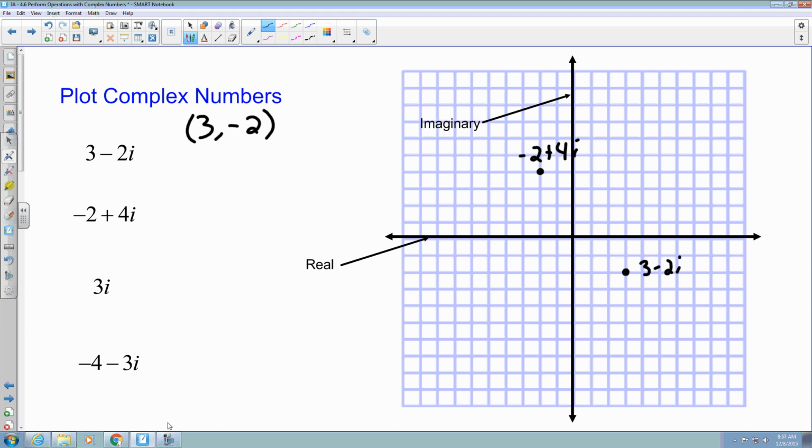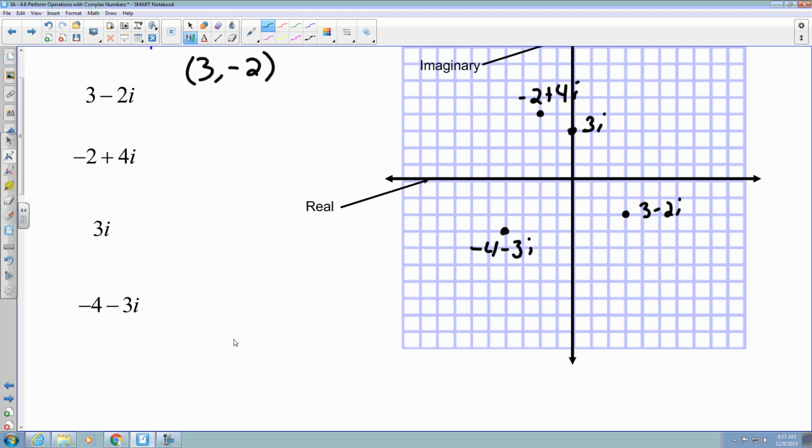For 3i, you're not going anywhere in the real number sense, so basically it's 0, so you're only going imaginary up 3 units, so this is where 3i is located. Then finally, negative 4 minus 3i: you're going to go left 4 units and then down 3 units, so 1, 2, 3. So this is our point, negative 4 minus 3i.